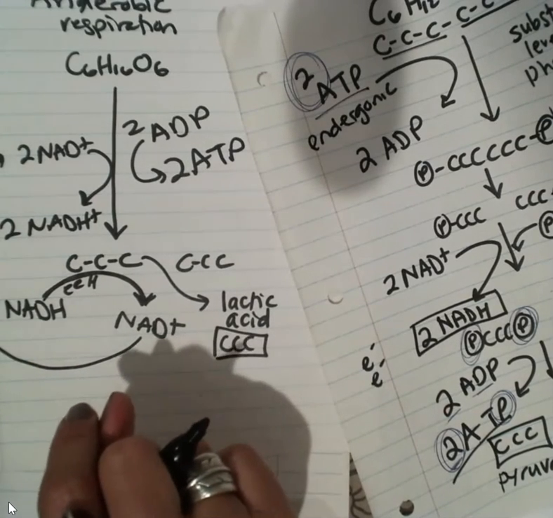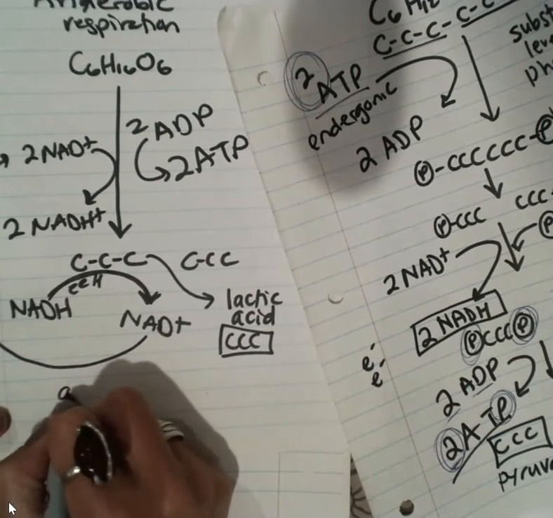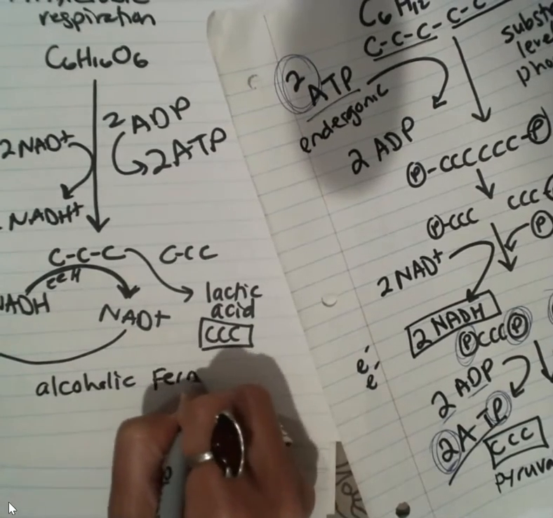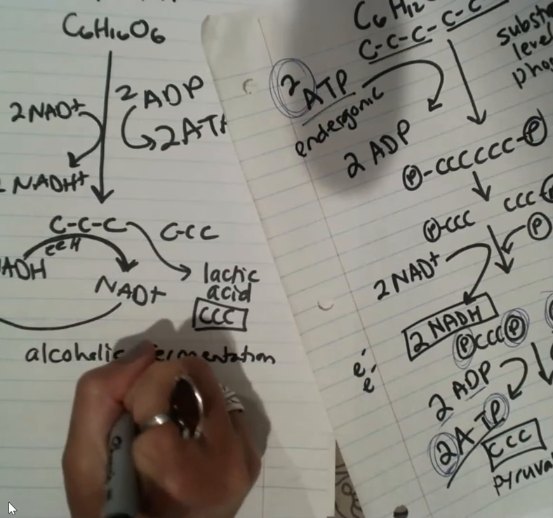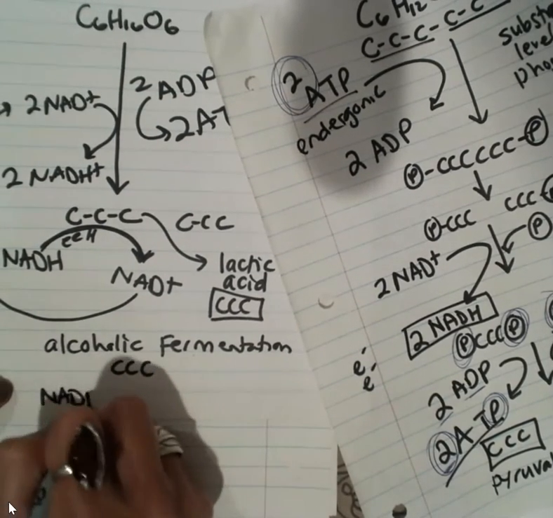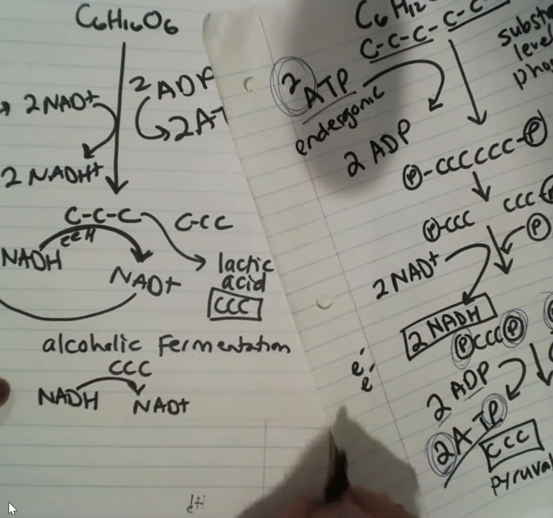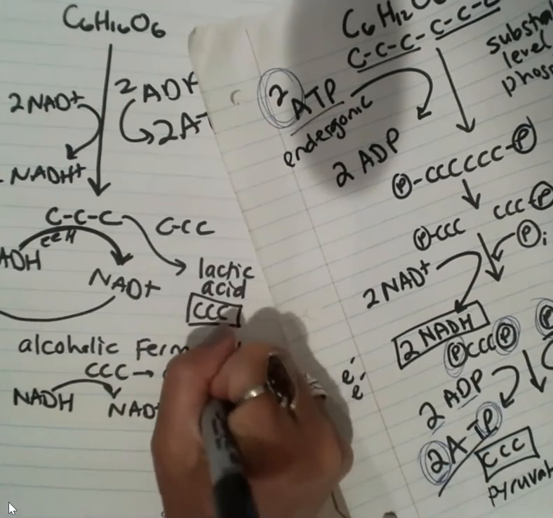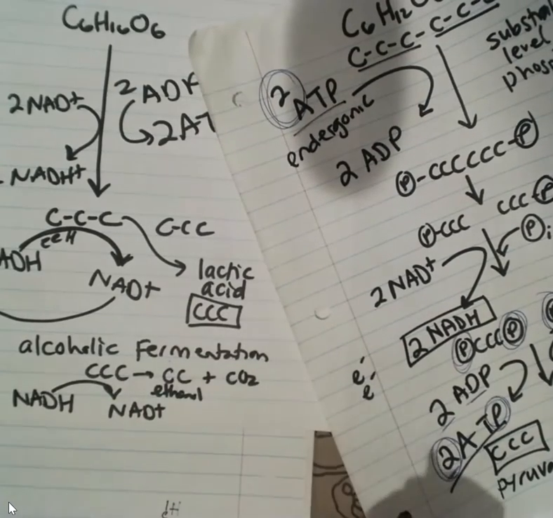However, there's another option that occurs in yeast and some prokaryotes, which is alcoholic fermentation. In alcoholic fermentation, the purpose is still the same. We're going to take the 3-carbon pyruvate that was produced, and in order to oxidize this electron carrier back to NAD+, so glycolysis can continue, the pyruvate is actually converted into an alcohol called ethanol, and then carbon dioxide.